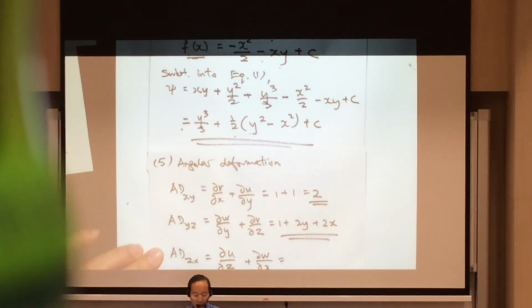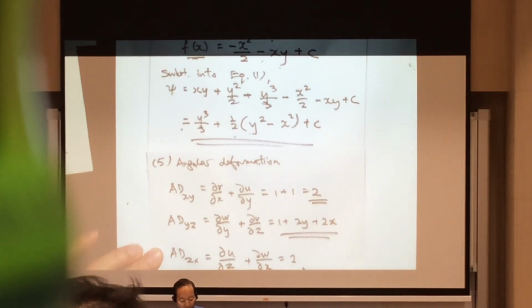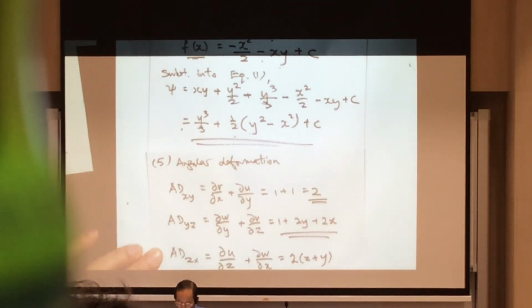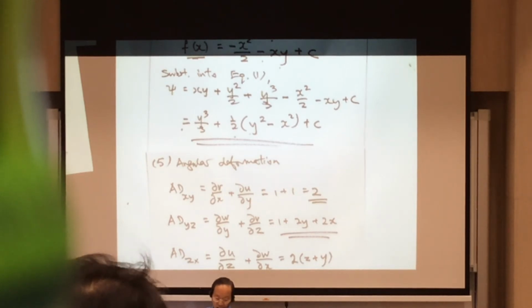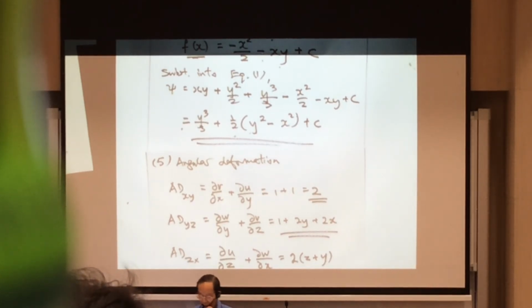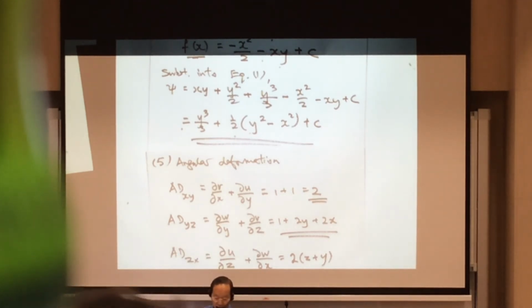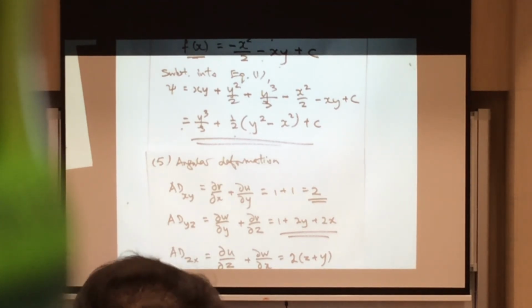So again, you differentiate the expressions u, v, and w, and given the question, you get 2z plus 1. These are the expressions for the angular deformation in the xy plane, in the yz plane, and in the zx plane.